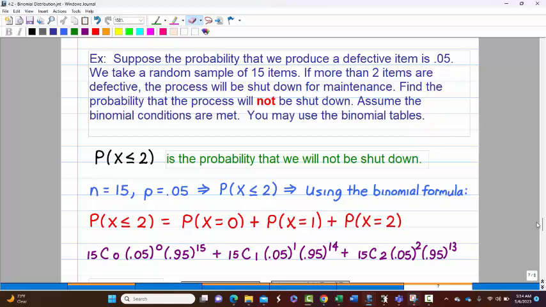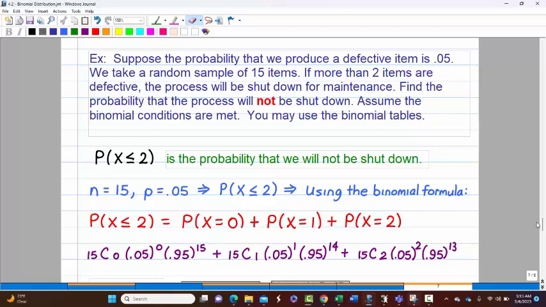But anyway, we take 15, so somebody's coming in and looking at our business, maybe corporate's coming in here. If more than 2 items are defective, the process will be shut down for maintenance. So we want to find the probability the process will not be shut down. The best way to do this is to look at it as the not being shut down.